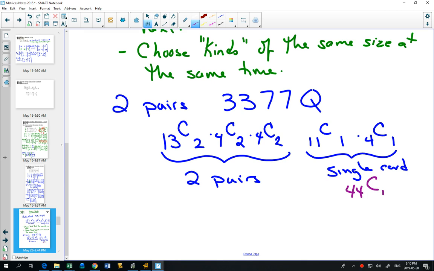You would have to take out the 8 cards from 52 that are the 3s and the 7s. There's 44 cards left, and in choosing a single card, that could have been done all at once. But you could still pick the kind first, and then the specific card would work the same. Okay?